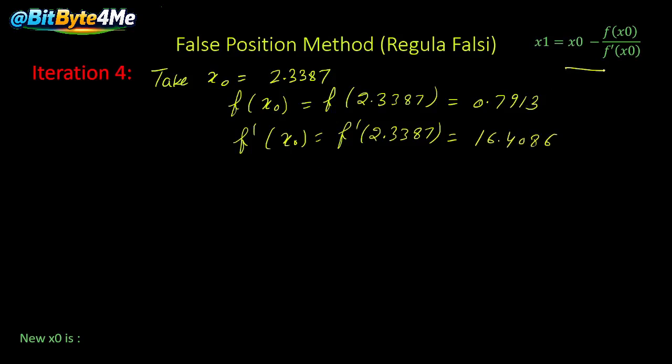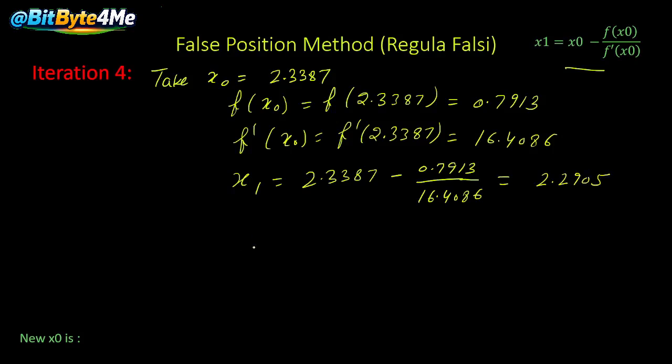Put these values in this equation and you will get the value of x1, which is 2.3387 minus f(x) over f dash x, which is 0.7913 over 16.4086, and if you solve it, you will get 2.2905 as the value of x1. So this value will become x0 in the next iteration.